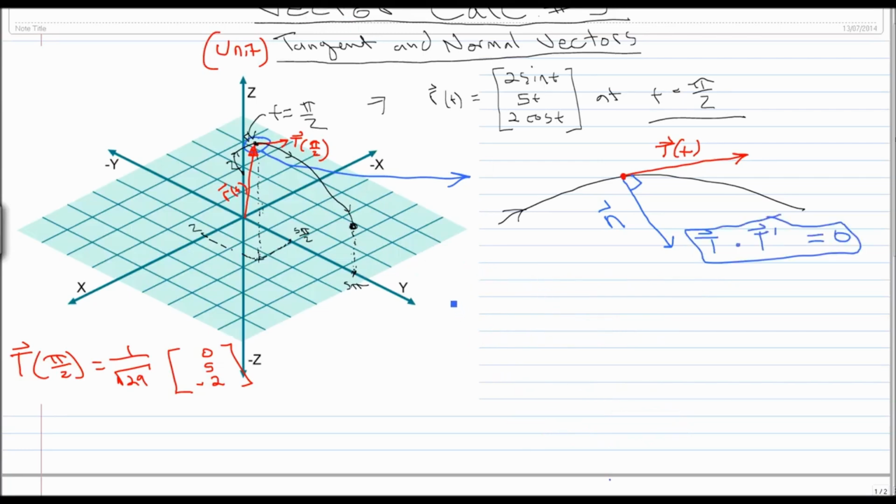Since we just showed that, we can say that the unit normal vector is the derivative of the tangent vector divided by the length of the derivative of the tangent vector. So now that we know this, we can calculate the normal vector.